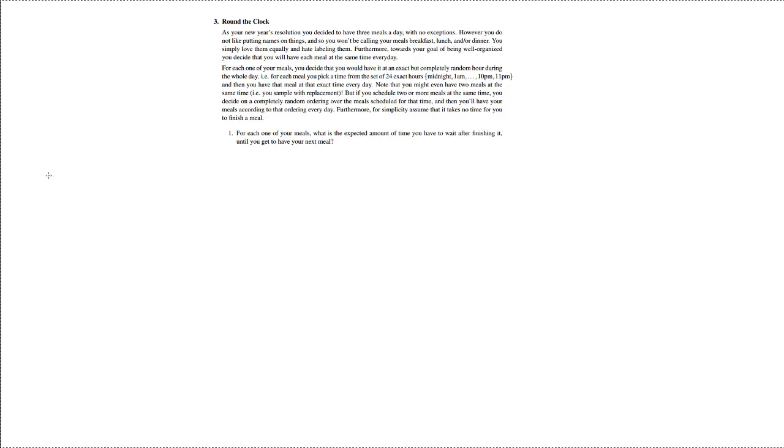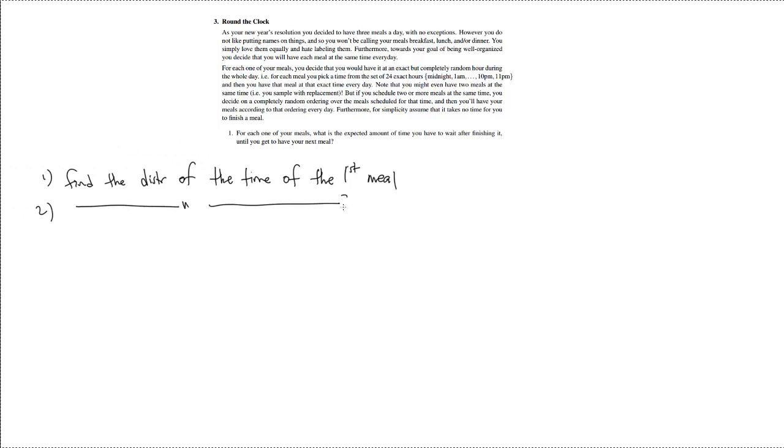But in order to find the probability distribution of the wait times, first we need to find the distribution of the time of the first meal, and then we need to find the distribution of the time of the second meal, and then we need to find the distribution of the wait time, that is to say the difference between the time of the first meal and the second meal.